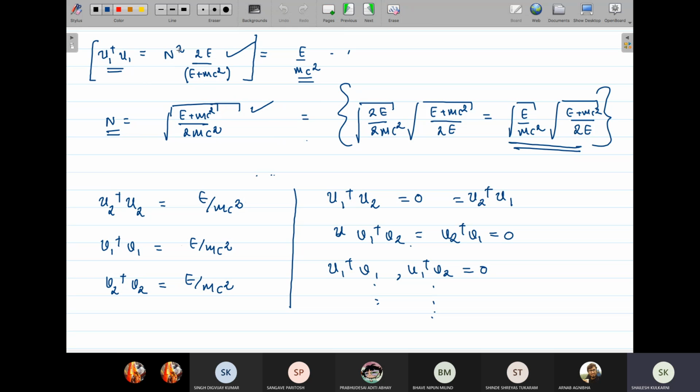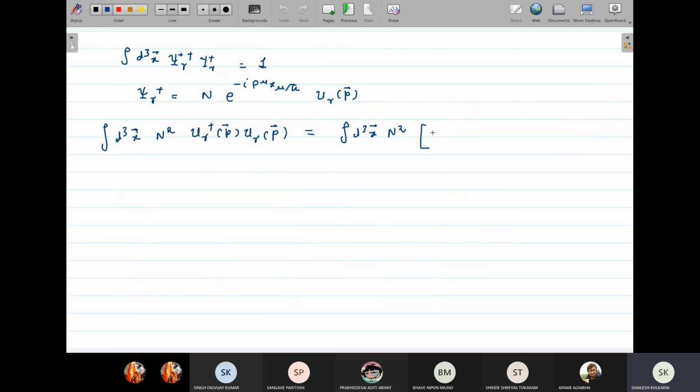This I have already counted in that psi. So it will be 2E divided by E plus mc square, and this is equal to 1.